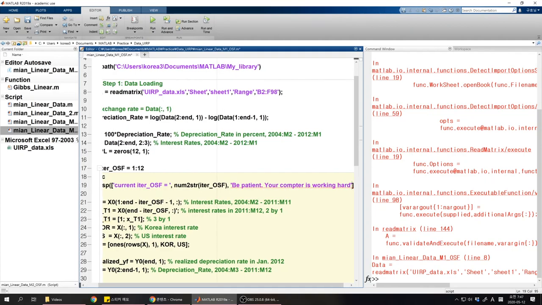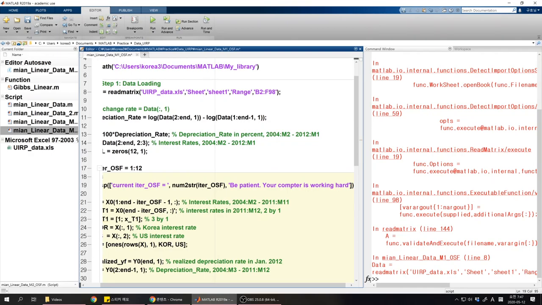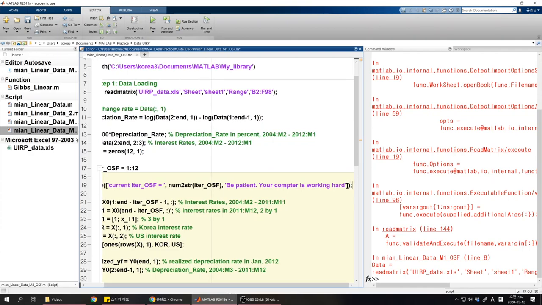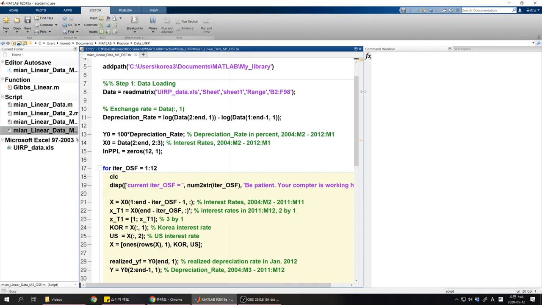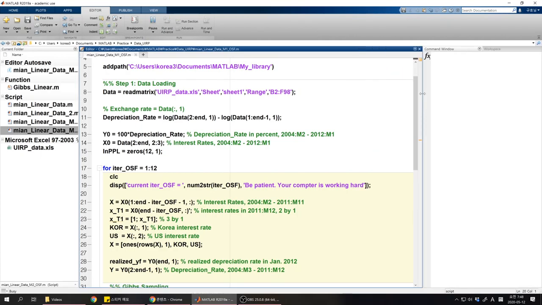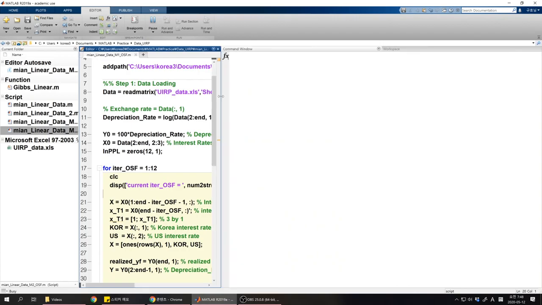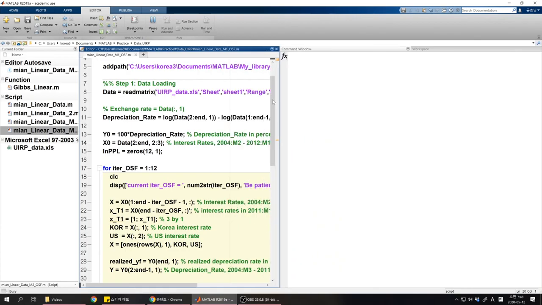Okay. Oh no, I don't need it. Alright. Now let me run it. Let's see if my computer is really working hard or not.